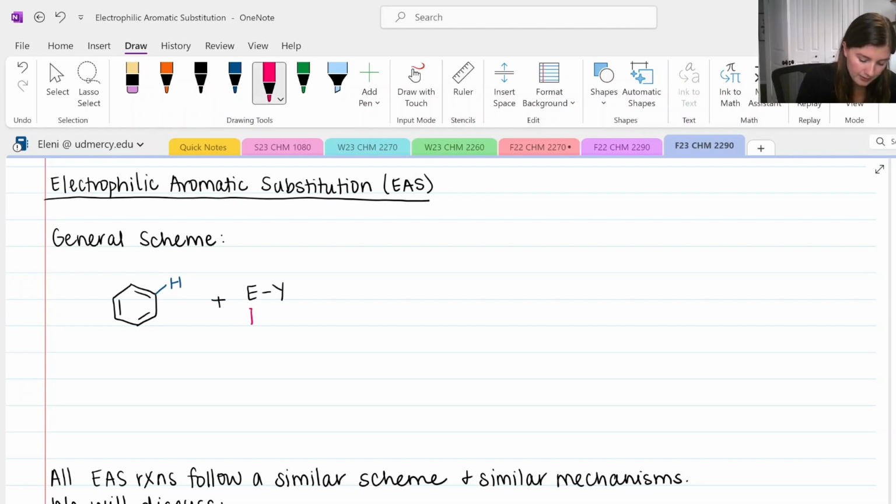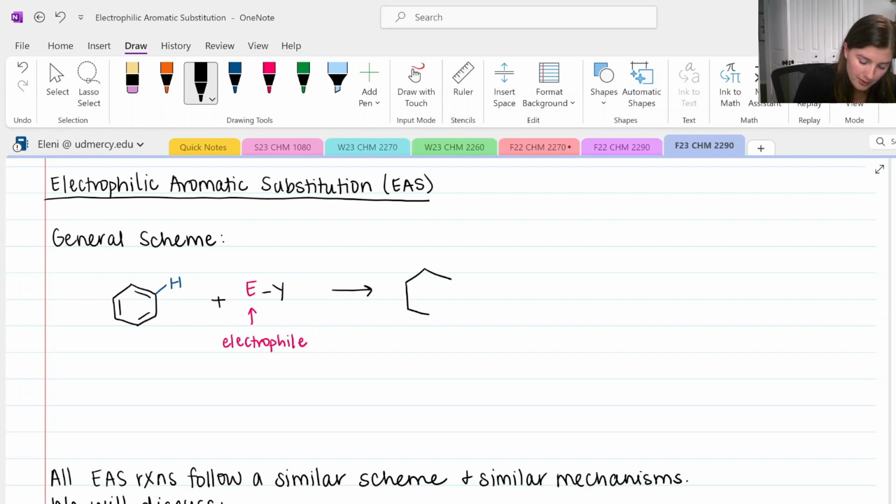that has an electrophile. We'll highlight that electrophile in pink here. So the electrophile essentially replaces that hydrogen.